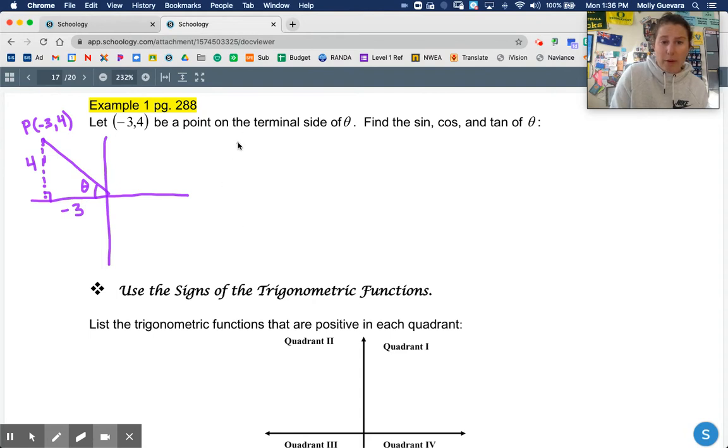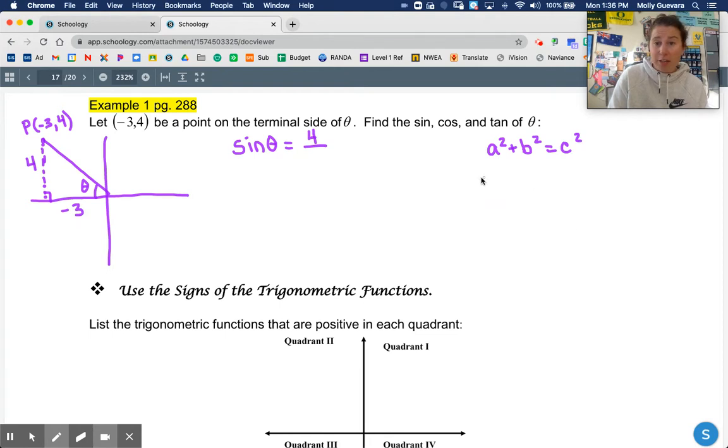So if I want sine, let's do sine of theta first. I need opposite, which is 4, over hypotenuse. Well, I don't know what my hypotenuse is. But I do have this right triangle that I can use the Pythagorean theorem on, right? So a squared plus b squared equals c squared.